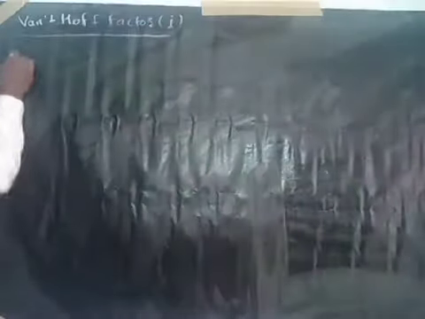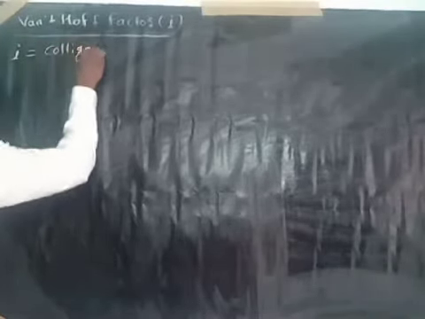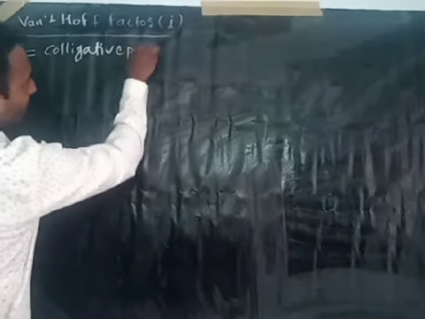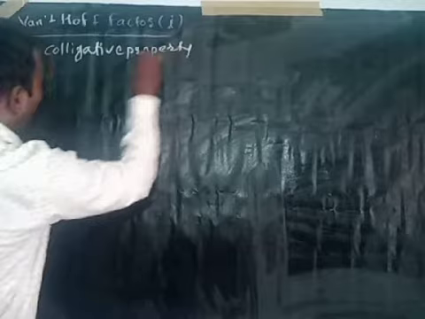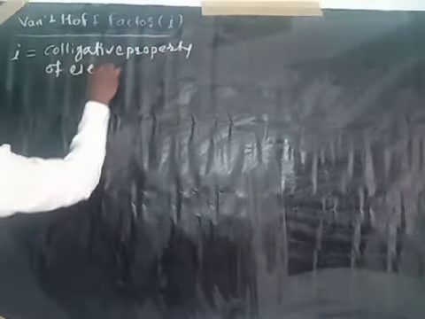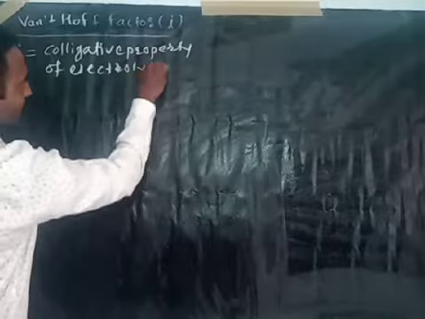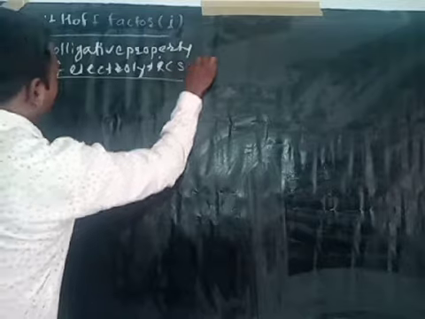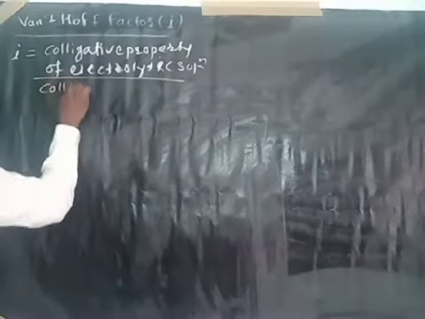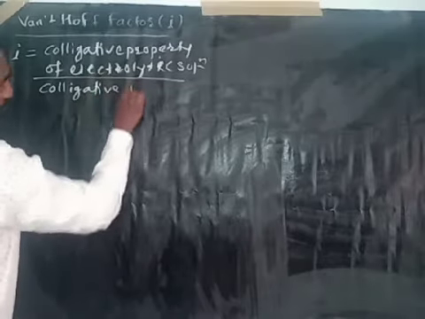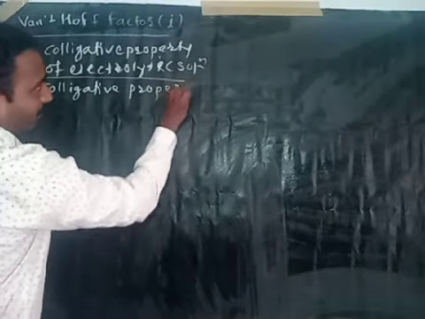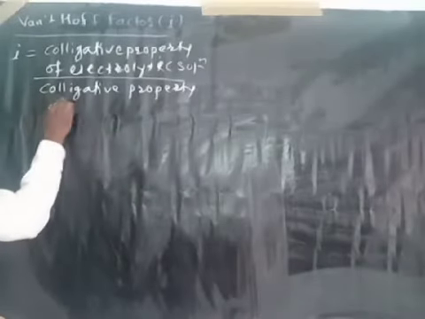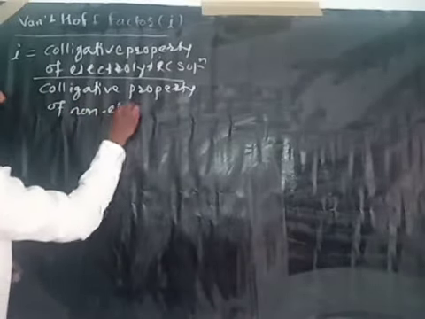According to this factor, which is denoted by i, it is the ratio of the colligative property of the electrolytic solution and the colligative property of the non-electrolytic solution.